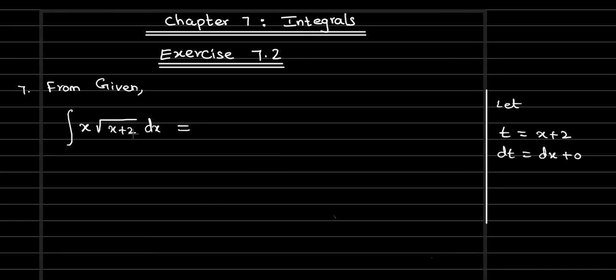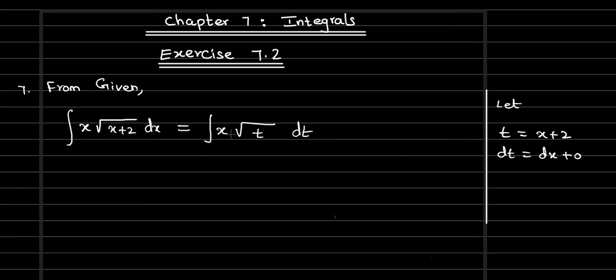When we change the variable from x to t, no x should be left. When we write the square root of x plus 2 as t and dt equal to dx, this x would still be in terms of the x variable, and that should not happen. When we change into some variable, not even a single part of the function should be left in terms of x.